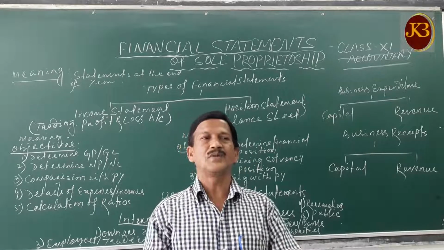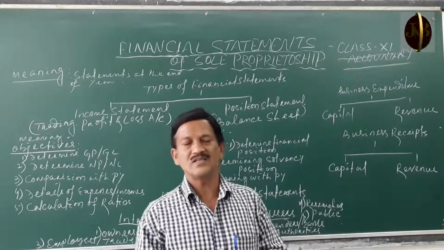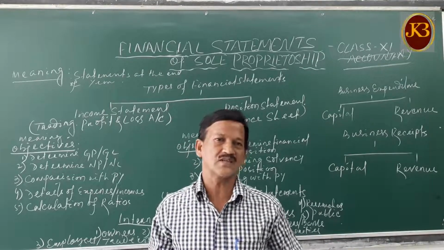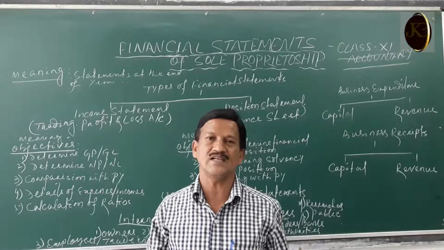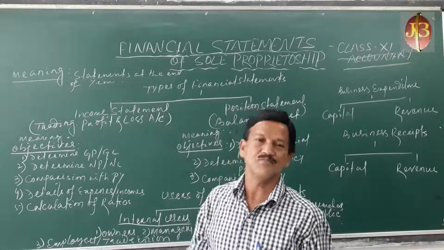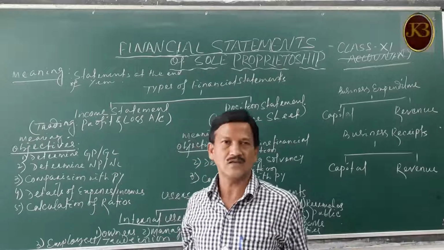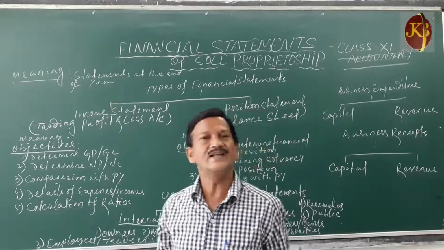Why is this prepared at the end of the year? Because after all the transactions are completed and the accounting process is completed, this is the end product to show the results of the business at the end of the year.